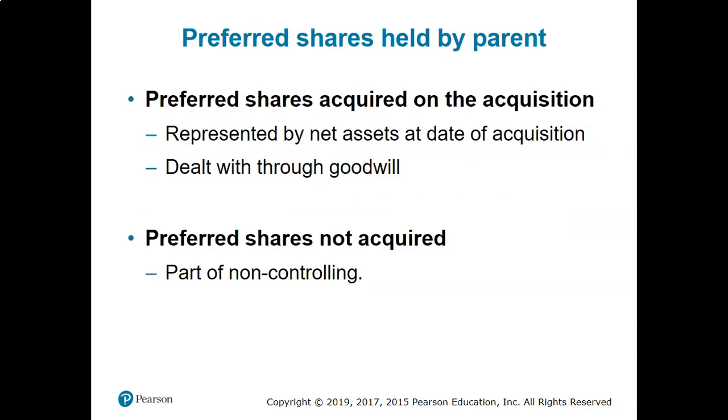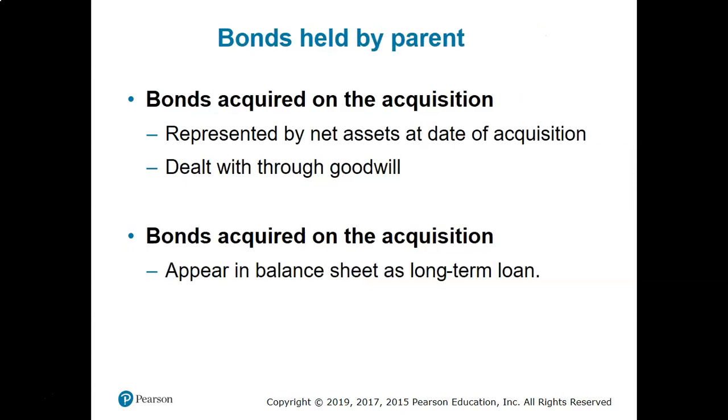And what about the preferred shares held by the parent? Preferred shares acquired on the date of acquisition are represented by the assets at the acquisition date, and are dealt with in the goodwill calculation in the same way. The part that is not acquired is obviously non-controlling interest, as we know before.